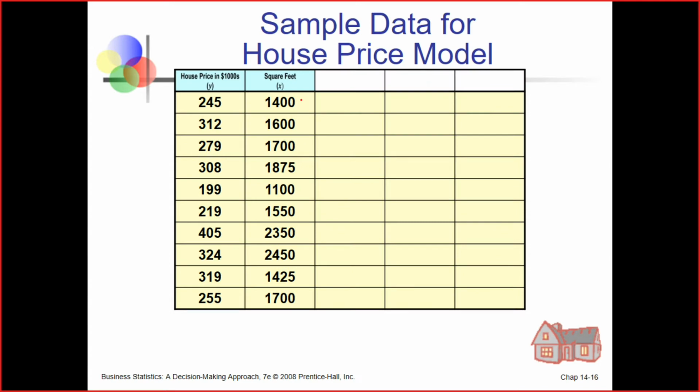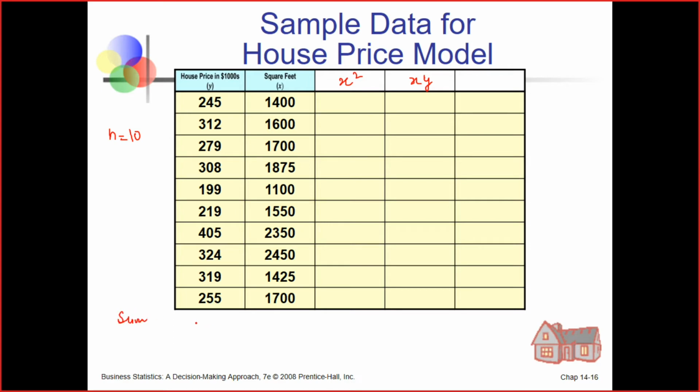First n is the count: 1, 2, 3, 4, 5, 6, 7, 8, 9, 10. Make sure that there is nothing like n1 and n2; it should be the same. Then we need sigma x square, sigma xy and sigma y, so we'll add them up.